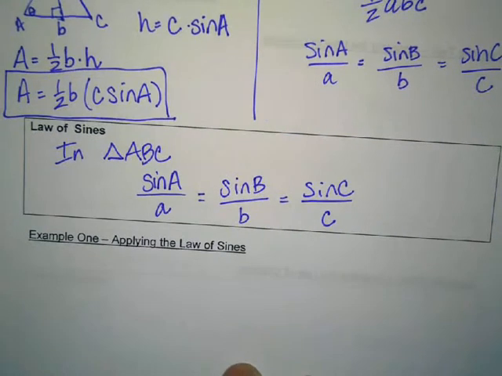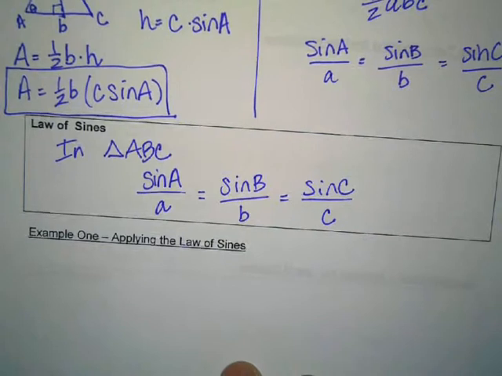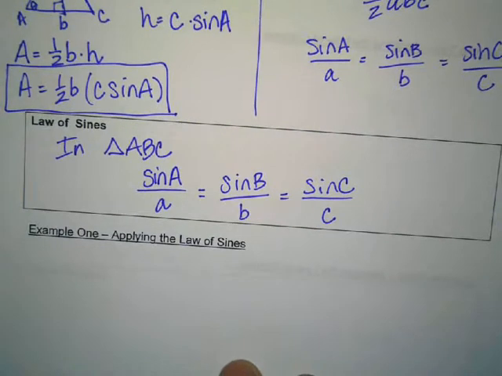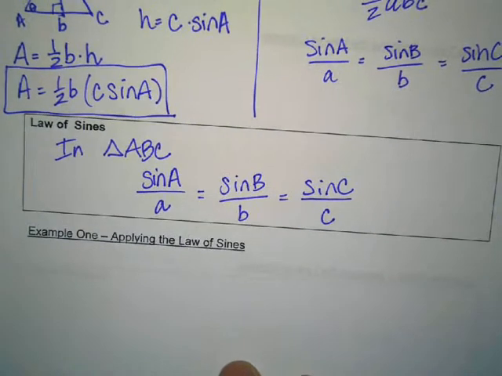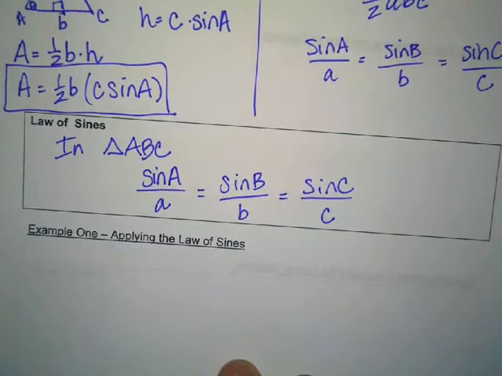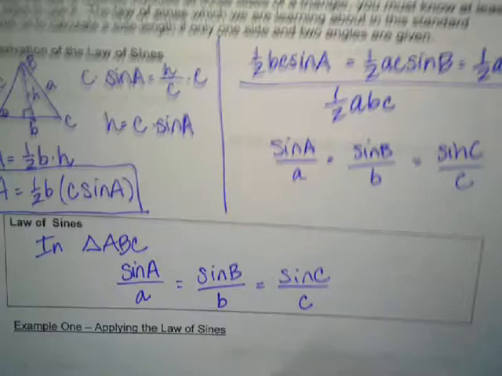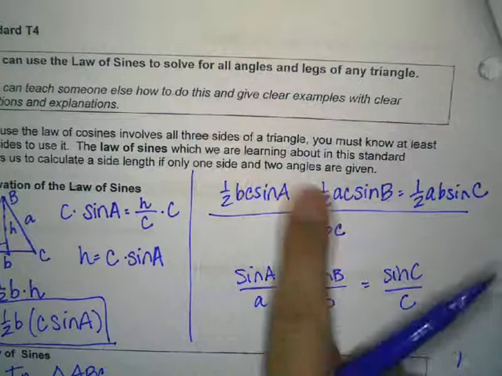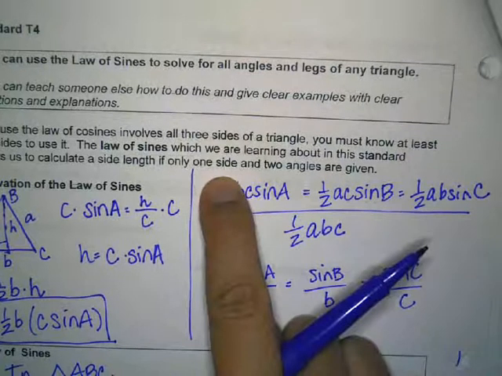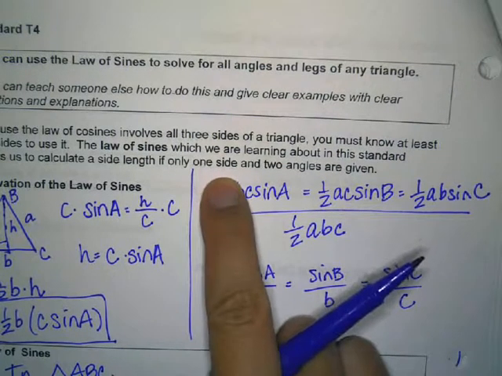So if you're given 2 angles, it's not helpful because you need at least 2 sides to plug into that law. And so this law allows us to have 2 angles and one side and still be able to find the values for any sides or any angles.